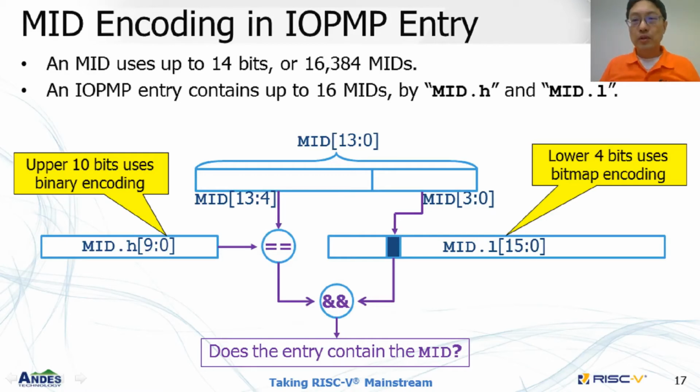For every rule, the upper 10 bits are compared to MID.H directly, and the lower 4 bits are encoded in a bitmap style in MID.L. This slide shows how the MID comparison works. By this encoding scheme, an IOPMP rule can store up to 16 continuous MIDs.